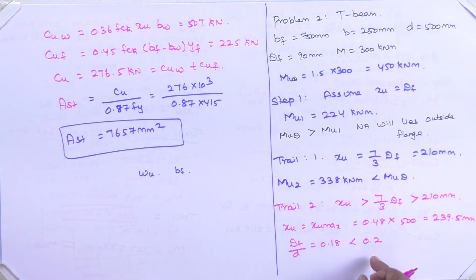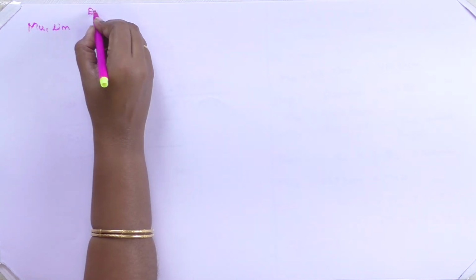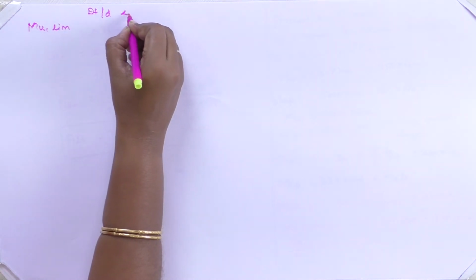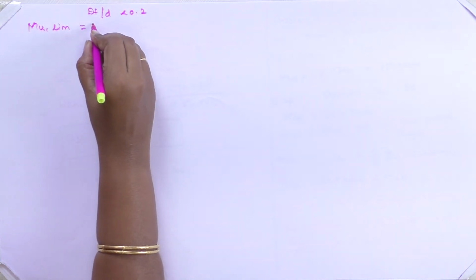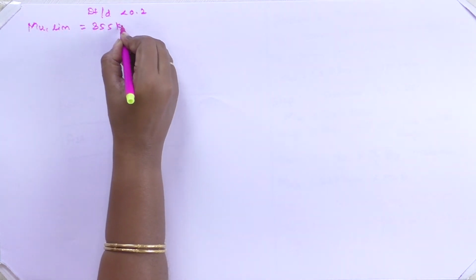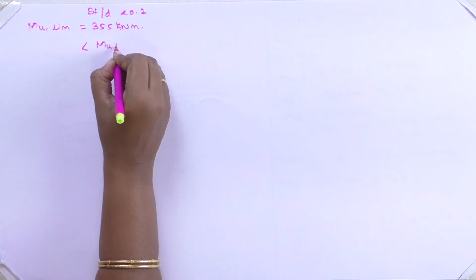When DF by D is less than 0.2, I can go with the formula which has DF. I'll go with MU limit, using the condition of DF divided by D less than 0.2 formula. For MU limit, I have got 355 kilonewton meter, which is less than MUD.